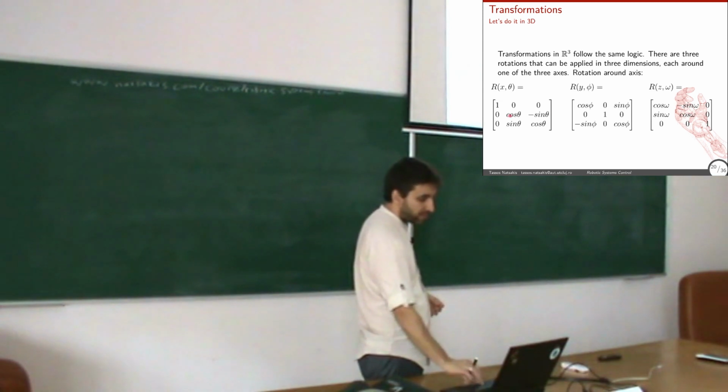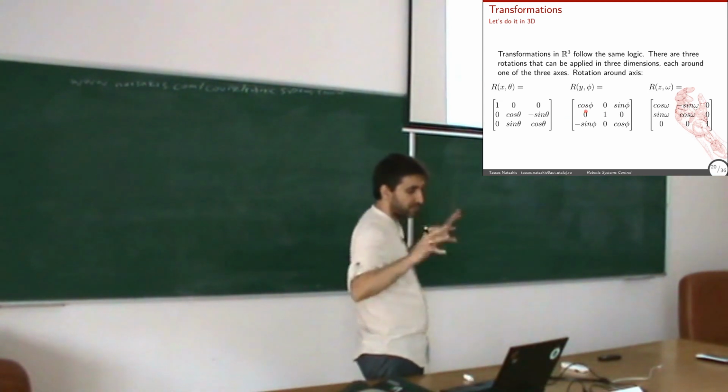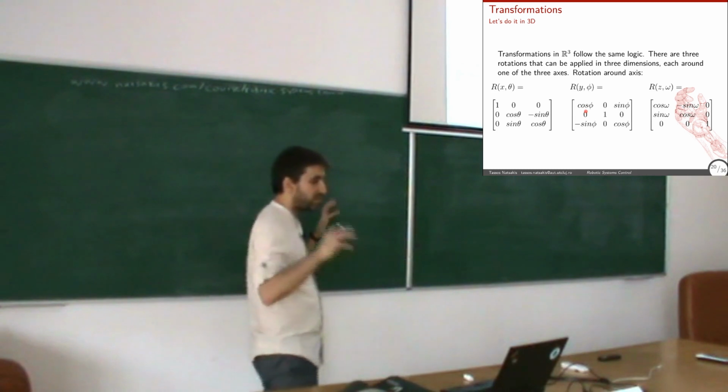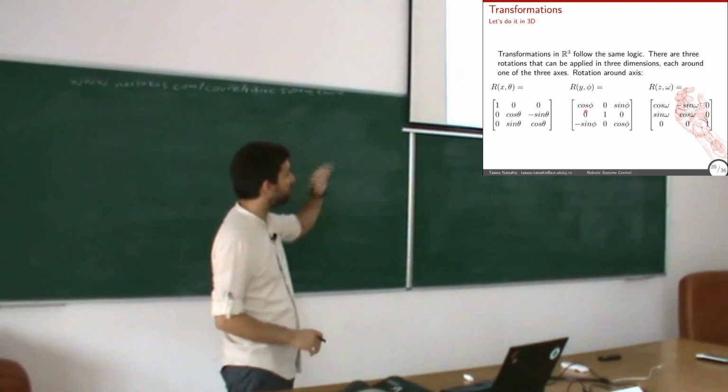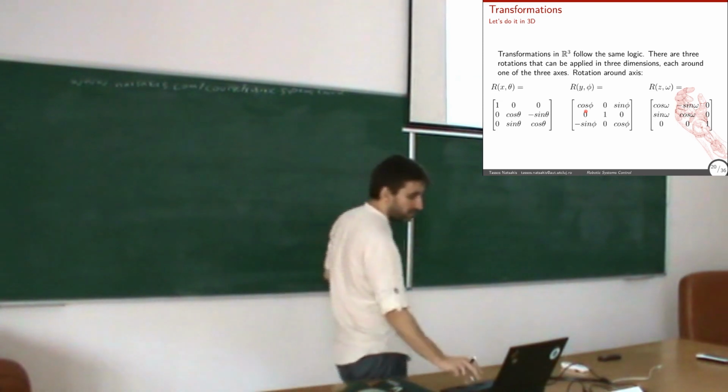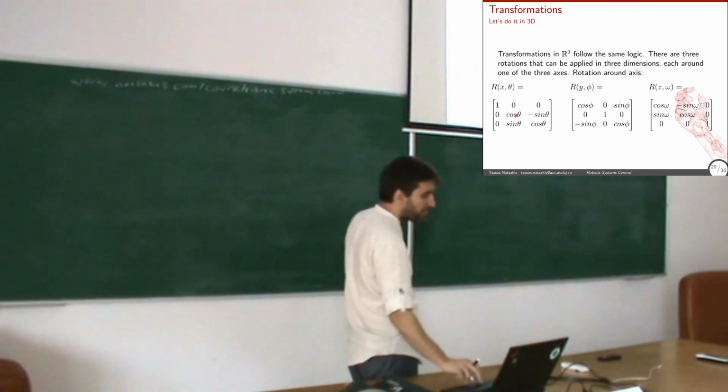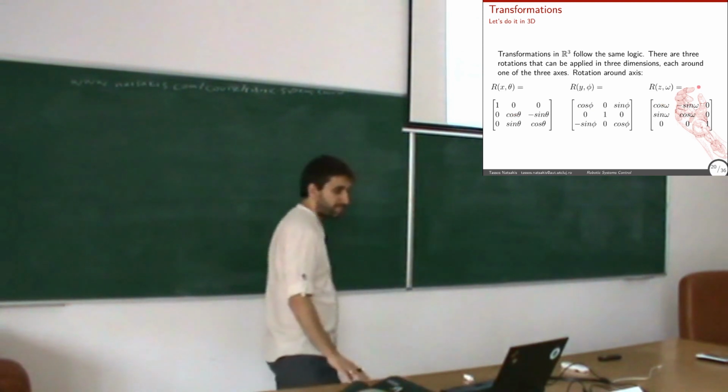This is how we define the 3 basic transformation matrices for the 3 basic rotations: around the x-axis, around the y-axis, and around the z-axis. Here you can see rotation by an arbitrary angle theta, an angle phi, and an angle omega. Now, what does it mean?